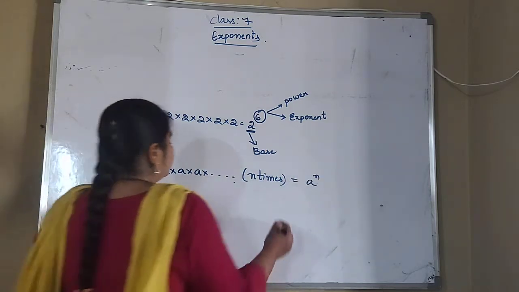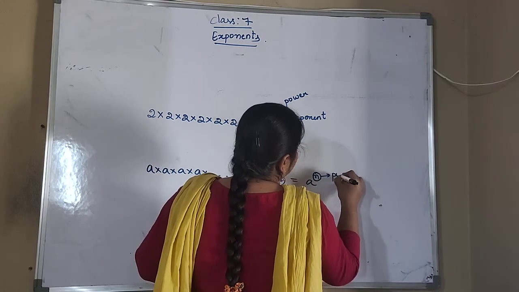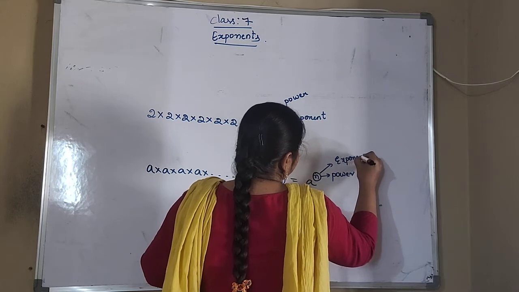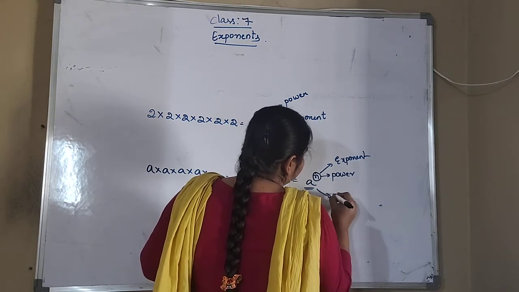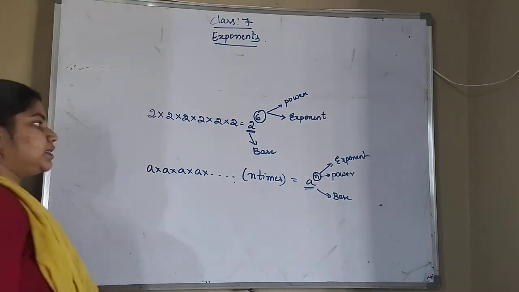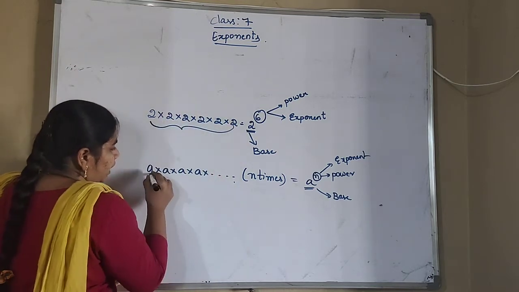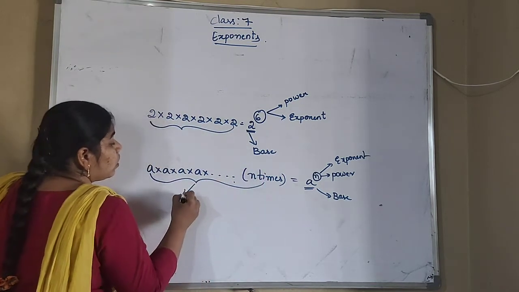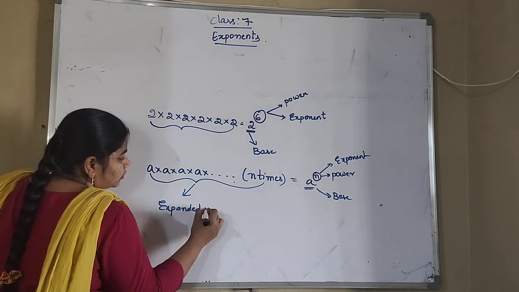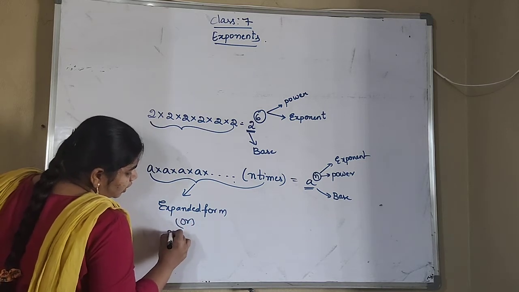Okay, so in this, N is called the power or exponent, and A is called the base. This 2 into 2 into 2 into 2, or A into A into A, we can call the expanded form, or also the product form.